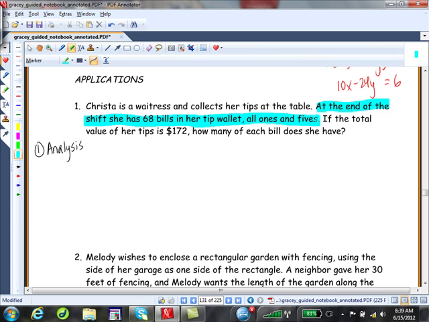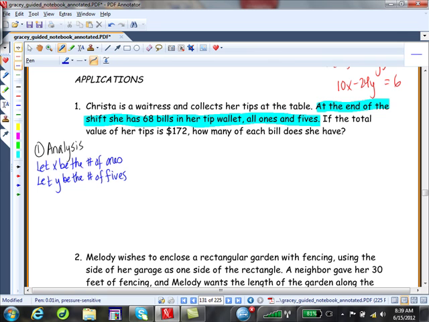So why don't we say, to name our variables, let x be the number of ones and let y be the number of fives, right? Because at the end of the day, we need to find out how many of each bill she has.